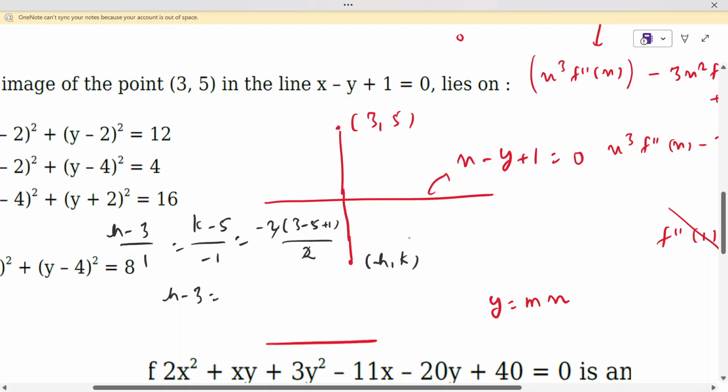H minus 3 should be equal to minus 2 plus 1, minus 1 into minus 1, that is 1. And k minus 5 should be equal to minus 2 plus 1, minus 1, multiplied by minus 1, that is 1. So h should be equal to 4 and k should be equal to 6. So the image will be 4 comma 6.